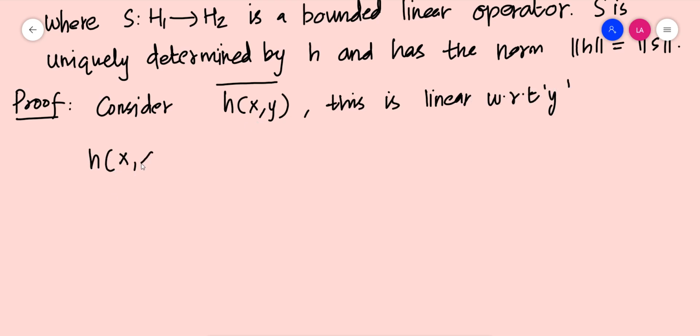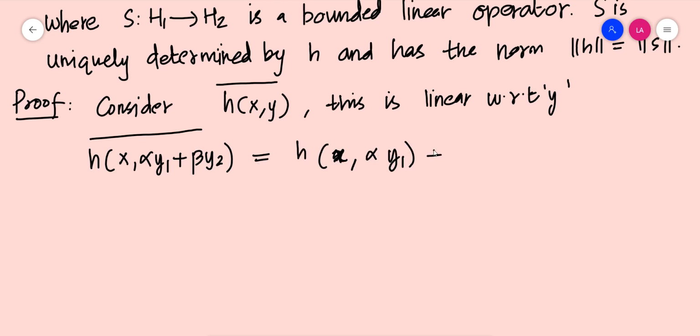The conjugate of h of x, alpha y1 plus beta y2 should be equal to, by definition, the conjugate of h of x, alpha y1 plus h of x, beta y2.